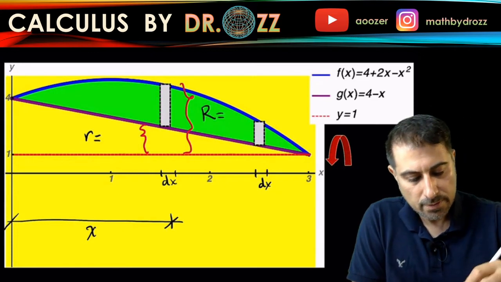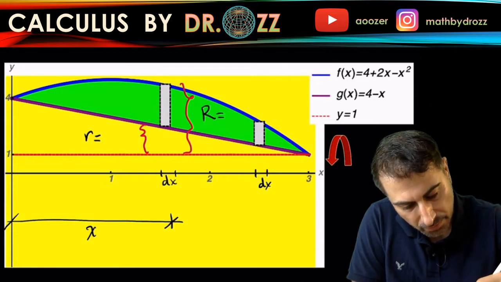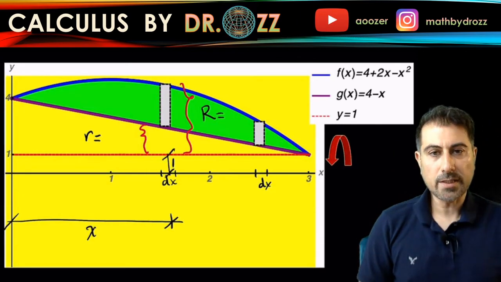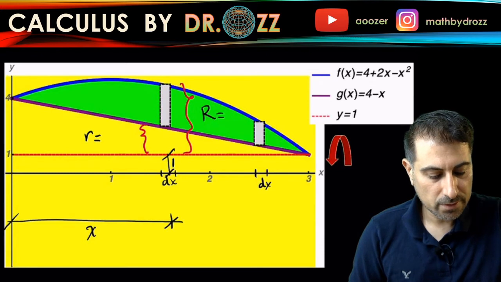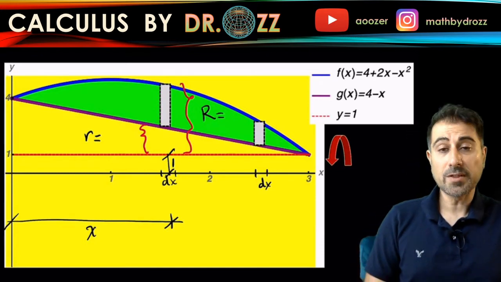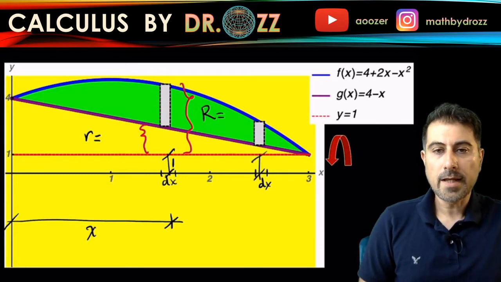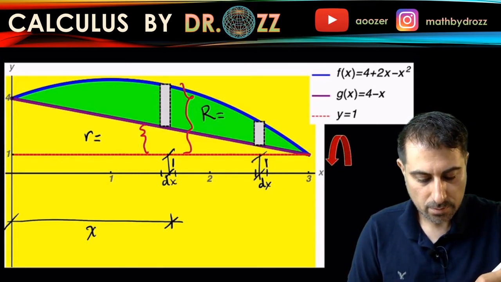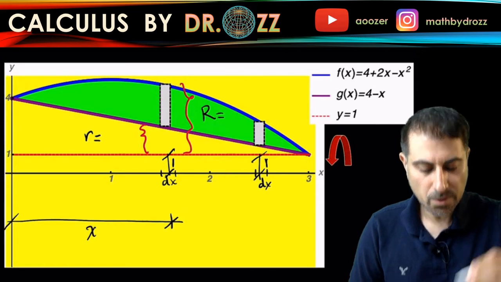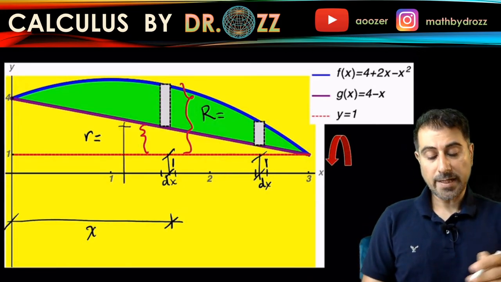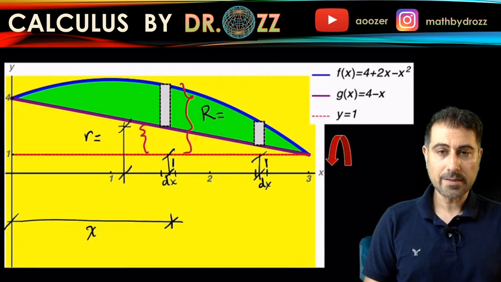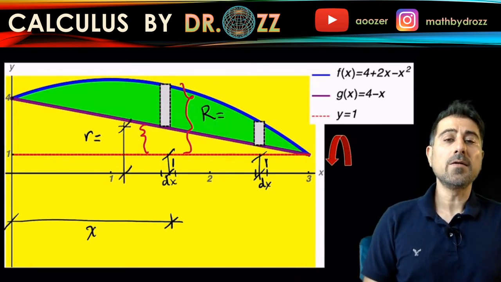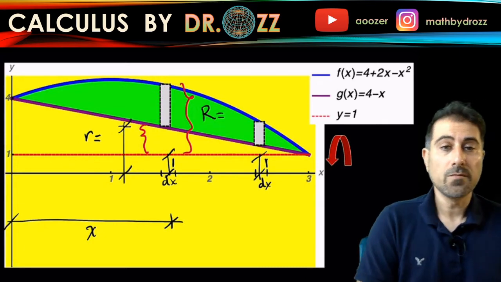Let's see what they are determined by. First off, this distance from here to here is always 1, and that's fixed throughout the region. No matter what slice you pick, that distance is always 1. And this distance from here to here, which is the distance from the x-axis to the bottom of the slice, is determined by the purple curve, which is 4 minus x.